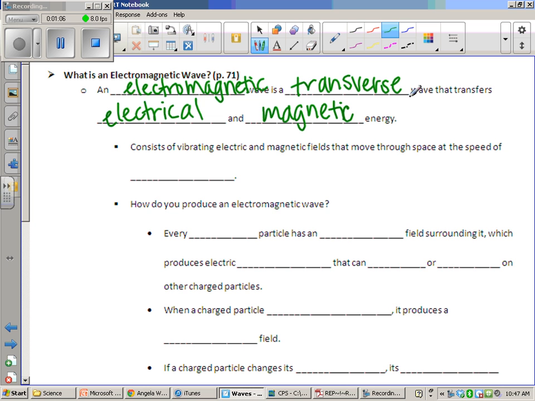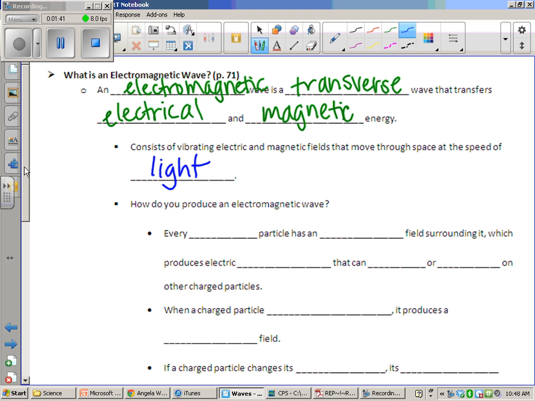So it's easy for you to know what kind of energy it transfers because if you dissect the word electromagnetic, then it would be really easy for you to think, okay, that's right. It transfers electrical, the electro part, and magnetic, the magnetic part of electromagnetic. This consists of vibrating electric and magnetic fields that then move through space at the speed of light. Okay, so these waves move very fast.